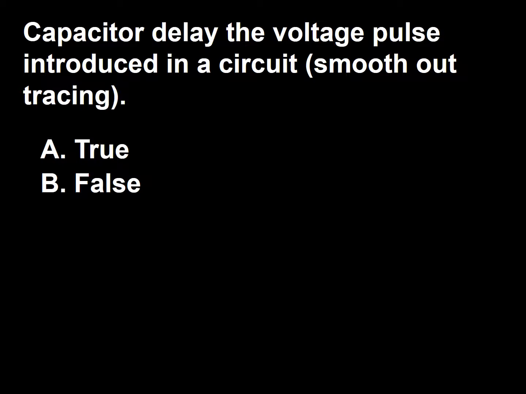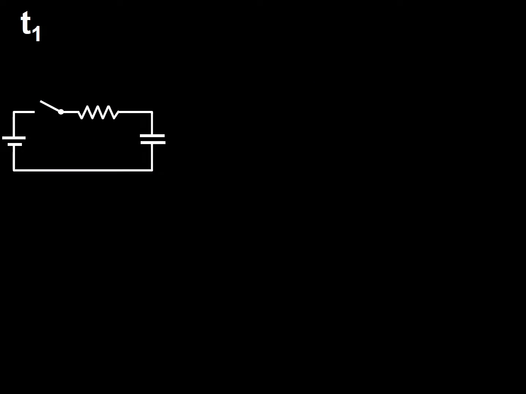Next question. Capacitors delay the voltage pulse introduced in a circuit, thus smoothing out a tracing. A, true, B, false. This frame introduces an open circuit at the time we will label T1.